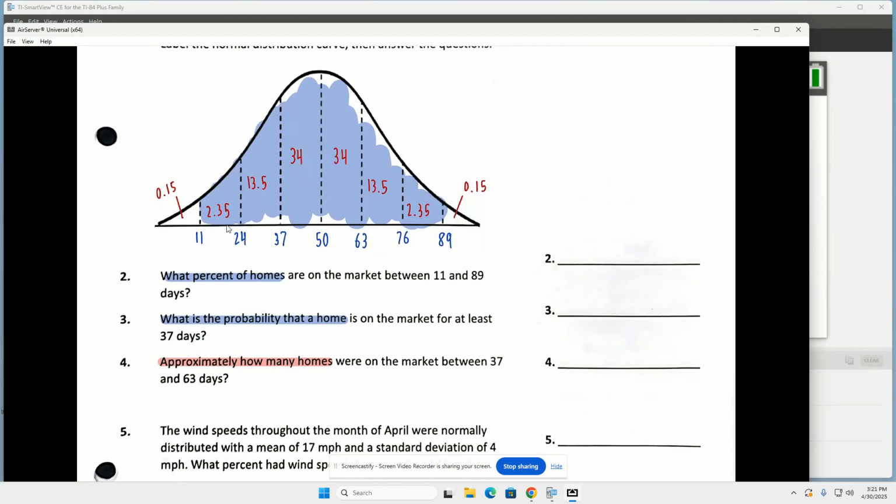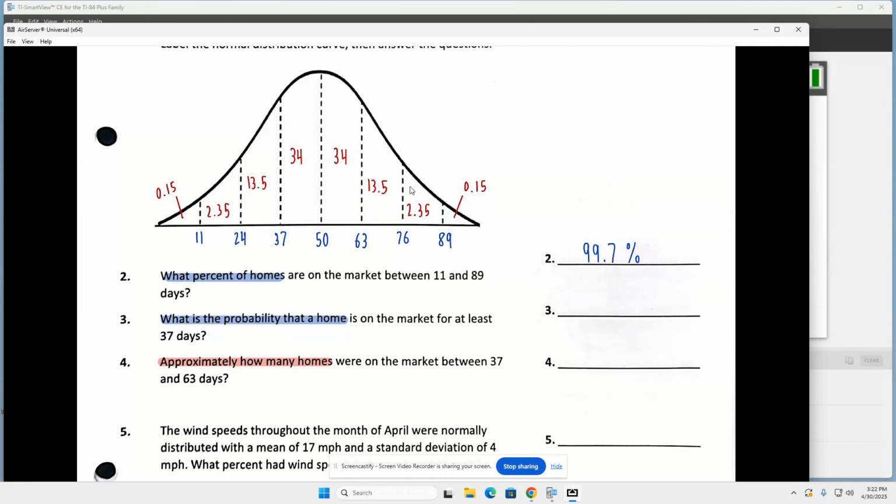Well, we already know that number. 3 standard deviations is 99.7%. Now, feel free to go 2.35 plus 13.5 plus 34 plus 34 plus 13.5 plus 2.35. In fact, if you can't remember that 3 standard deviations is 99.7%, but you can remember all these numbers, then by all means, please remember to add those up.